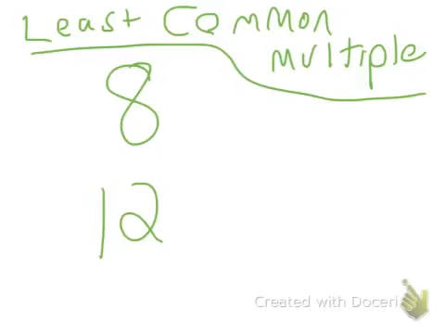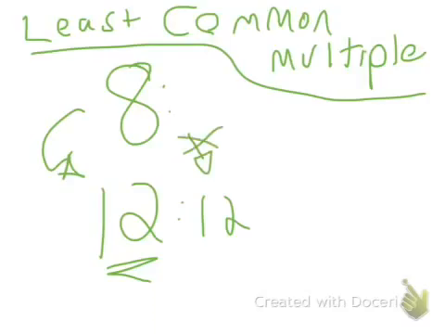Alright, least common multiple, remember, means the lowest number that is a multiple of both of those. The first thing you should do is look: does 8 go into 12? It doesn't, so 12 is not the least common multiple. Then you start with the bigger number and count up. 12: 8 does not go into 12, right?